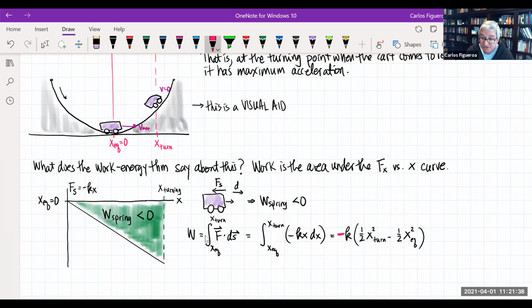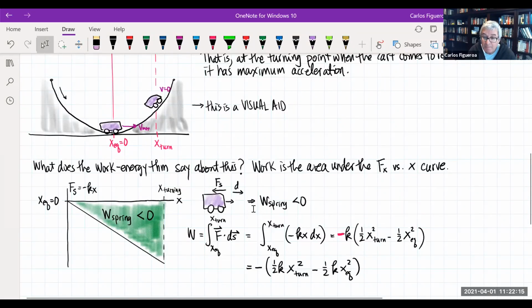And what you're seeing here is that this is a term that shows up quite a bit. Anytime you deal with the spring, there's a minus sign here, and I'm getting a term that reads 1/2 k x turning point squared minus 1/2 k x equilibrium squared.